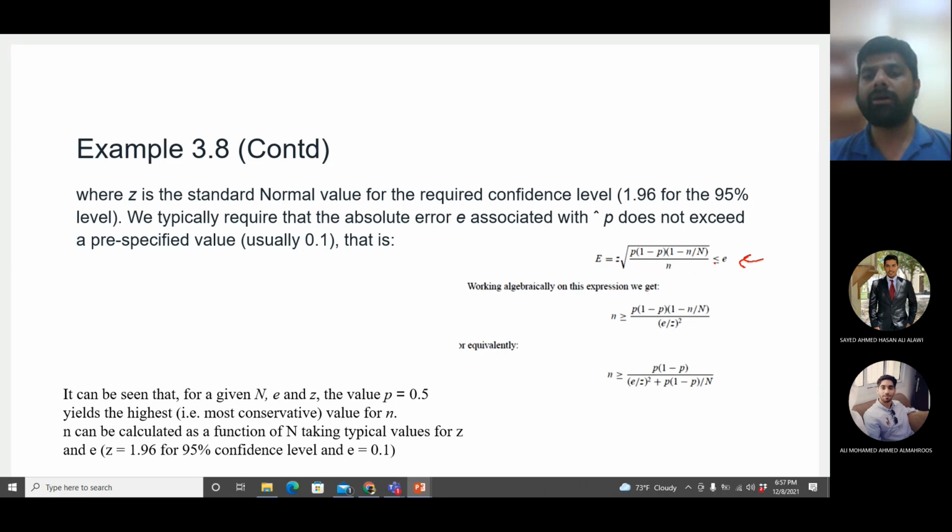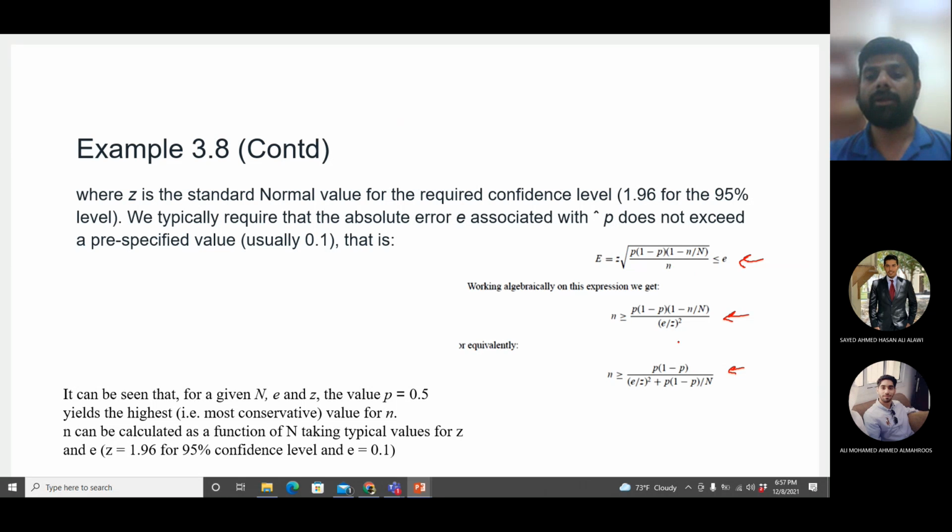If you can fix the value of E, then you can rearrange this equation to give you the value of N. E will come on this side, and everything else will go on the other side. So this is the rearranged equation. Then you can take this value and put it in the denominator, or you can open the brackets and so on.